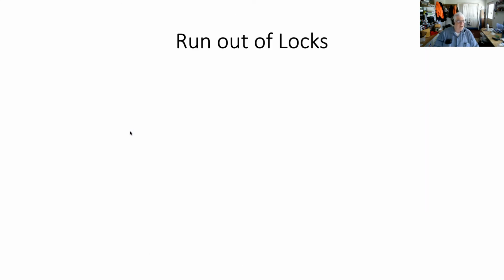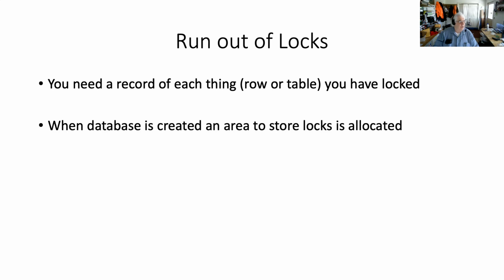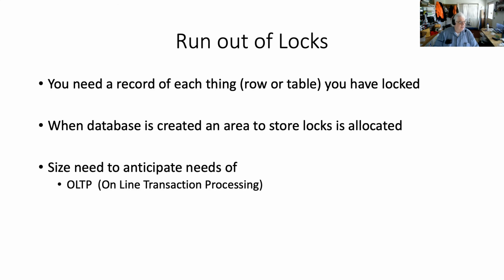But you can run out of locks with row level if you're not careful. So you need a record for each thing, row or table, that you've locked. When the database is created, an area to store locks is allocated. The size needed, you need to anticipate based on the type of transaction.